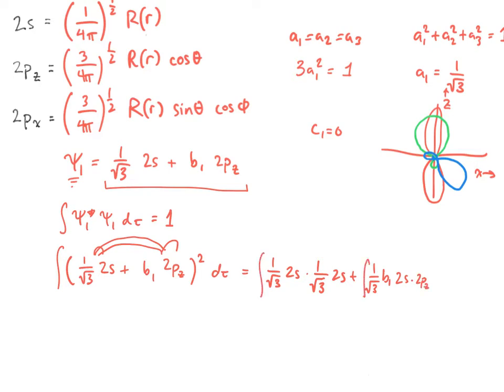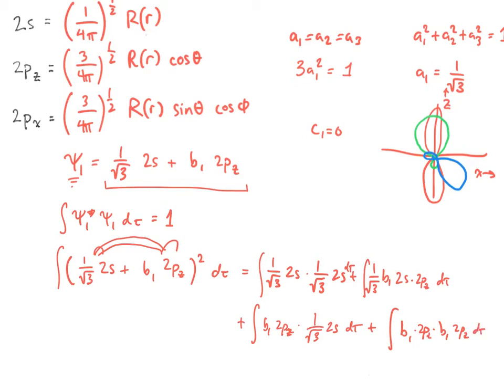I need to write down my integrals here. This is integrated over tau, this is integrated over tau, plus b1 times the 2pz orbital times 1 over square root of 3 2s orbital, integrated over tau, plus the integral b1 times 2pz times b1 2pz d tau.